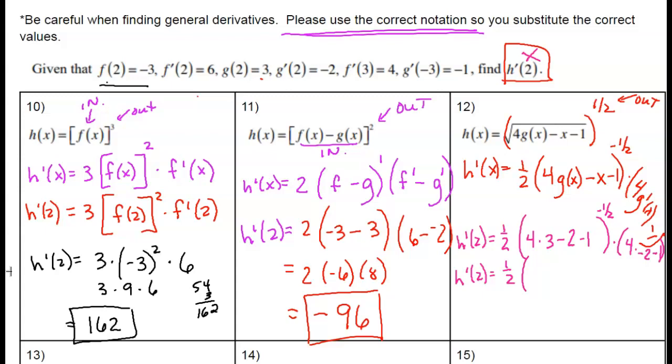What is that? 12 minus 2 is 10, minus 1 is 9, to the negative 1/2. And then I've got 4 times negative 2 is negative 8, minus 1 is negative 9. Well, remember, the 1/2 means to take the square root, so the square root of 9 is 3, and the negative means to flip it. So I've got 1/2 times 1/3 times negative 9. So 3 goes into there 3 times. I get negative 3 over 2.